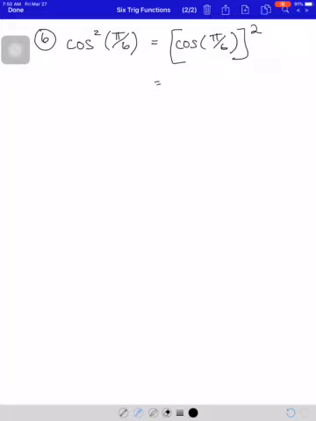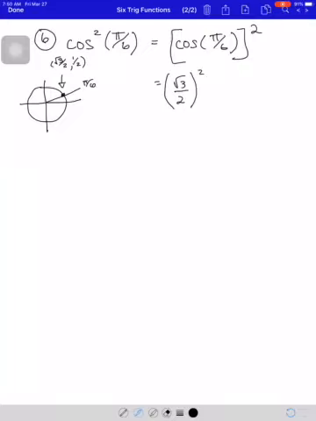Okay, so let's see. Cosine of pi over 6, first of all, pi over 6, that's my smaller angle in the first quadrant. And so my coordinates here are, what is this? The x-coordinate is the longer one, root 3 over 2. The y-coordinate is the shorter one, 1/2. Okay. And let's see, by definition, cosine of pi over 6, remember cosine gives us the x-coordinate, so that's going to be root 3 over 2.